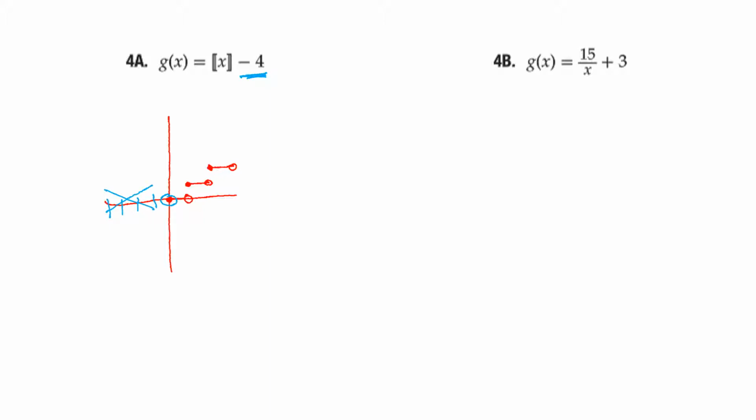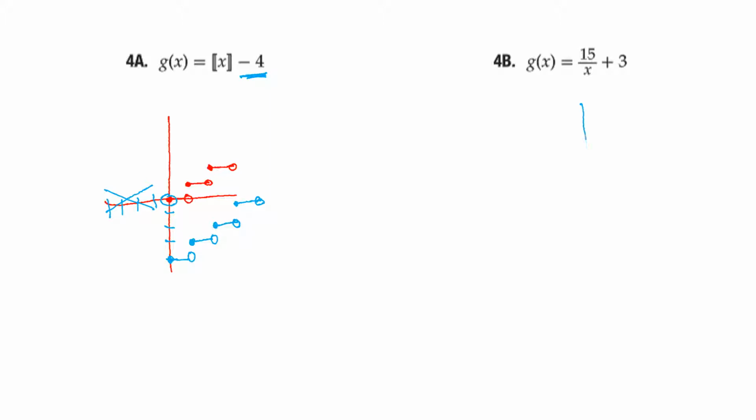In the vertical direction. 1, 2, 3, 4. So here's my point, and I go over and draw a circle. And then here's my point, go over and draw a circle. Point over, point over. Okay? That's how that shift worked.